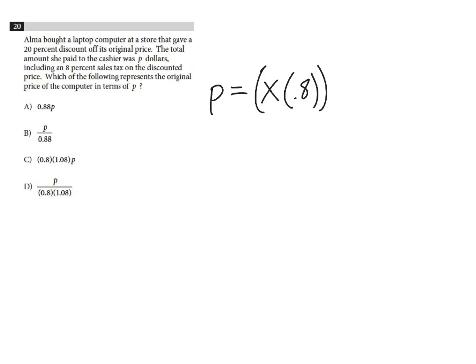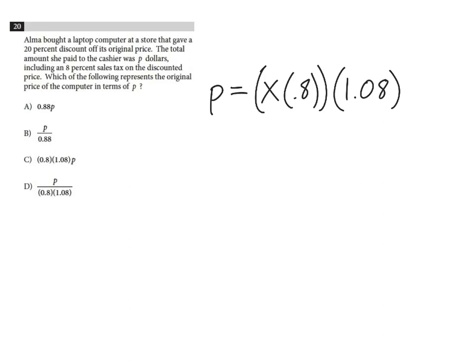Now, there's also going to be a tax. Well, the tax is 8%, so we're not paying 100%, we're paying 108%. 108% as a decimal is 1.08. Okay, so now we have the purchase price, P, based on X, the original price.